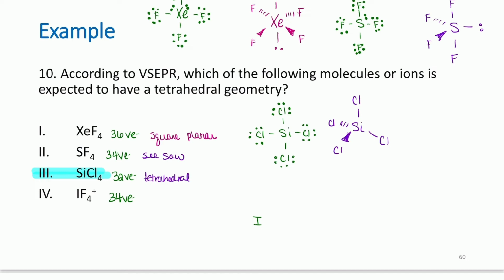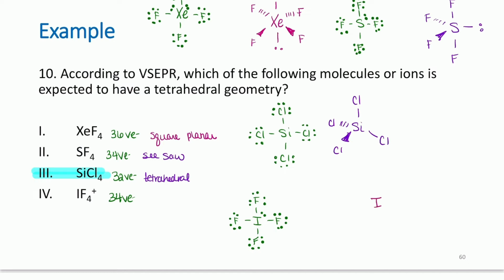Go ahead and draw it out. 2, 4, 6, 8, 10, 12, 14, 16, 18, 20, 22, 24, 26, 28, 30, 32, 34. Central atom will have a lone pair. You may already recognize that it's a seesaw, just like SF4, but let's go ahead and draw it out just in case.